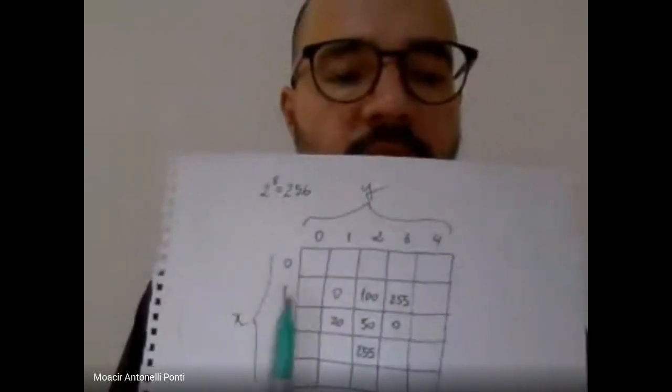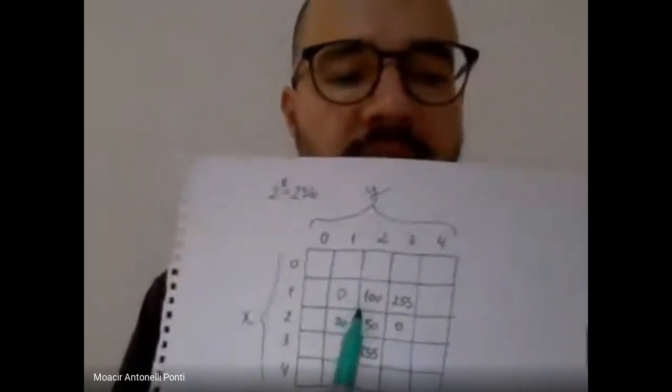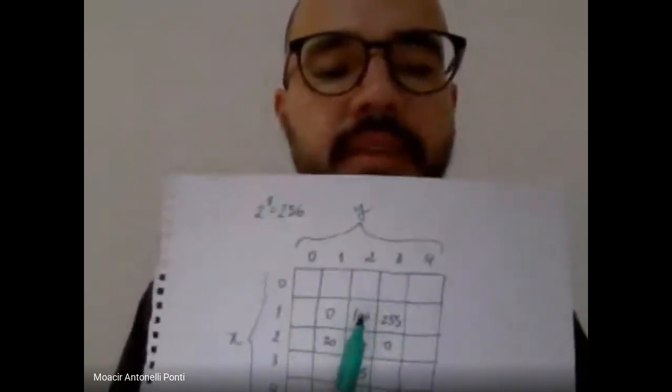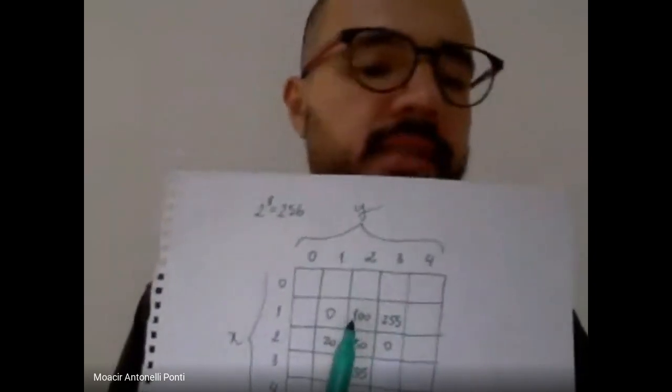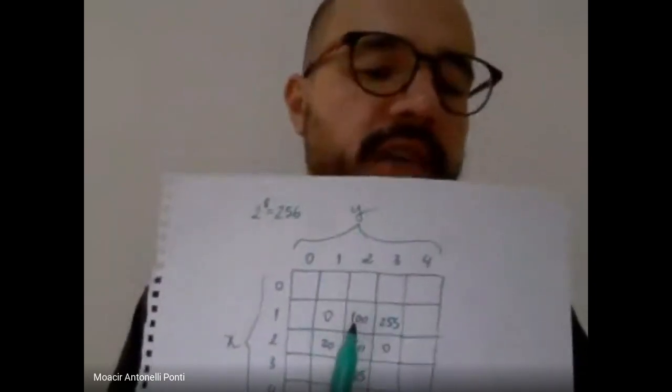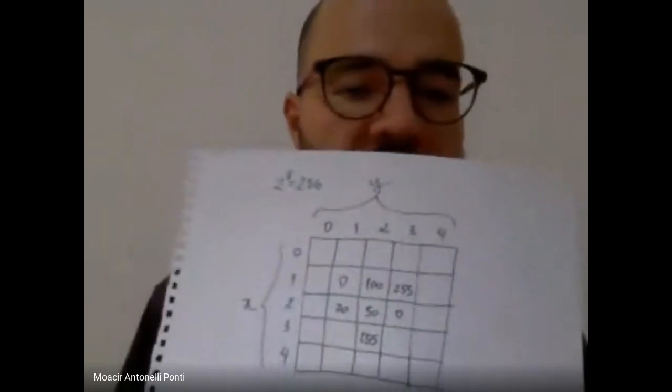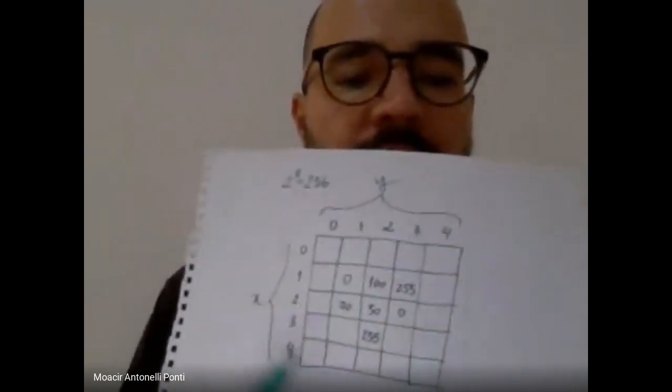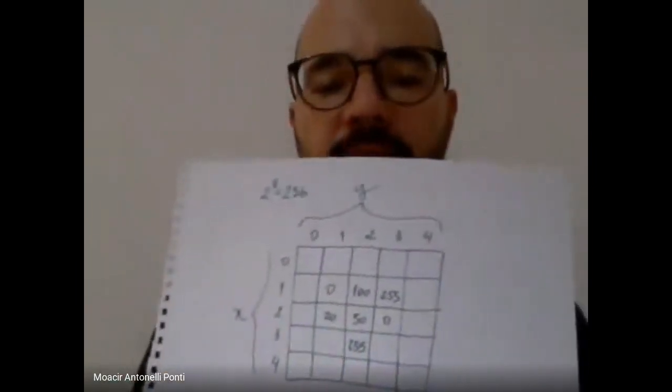In the coordinate 1, 2, the value of the pixel, or the intensity value, is 100, and so on and so forth. So we have this type of representation for images, remembering that it is as if we rotated the plane in order to obtain a matrix or something similar to a matrix representation.